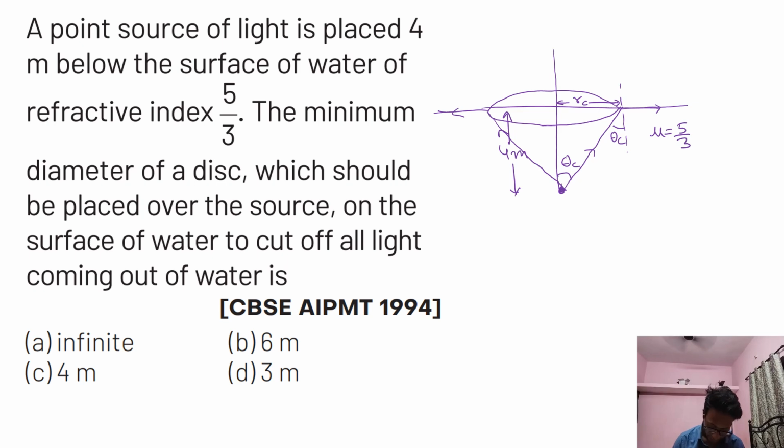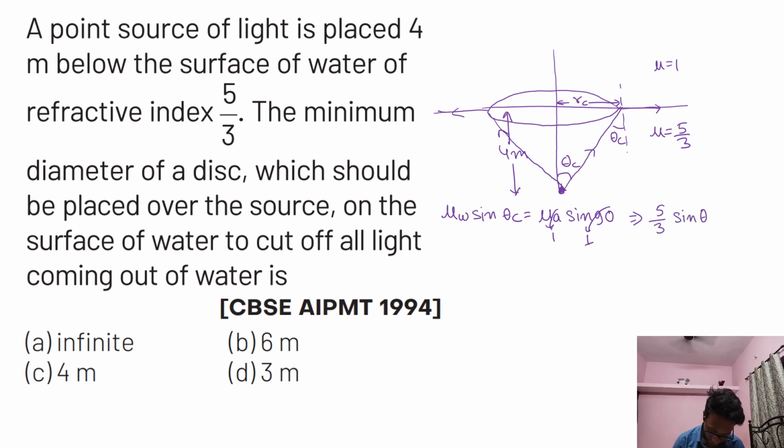Can I say mu of water across this surface, and the mu of air is given as 1? So across that surface, can I apply Snell's law? Mu of water into sine of critical angle is equal to mu of air into sine 90. Mu of air is 1, sine 90 is 1, and mu of water is given as 5 by 3 in the question itself.